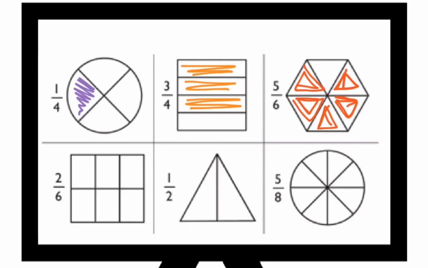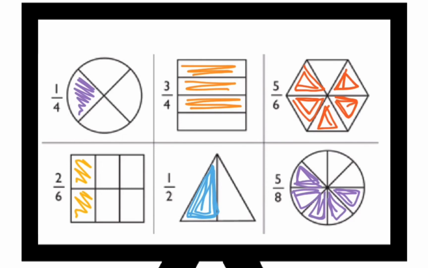On the fourth, they are asking us to shade only 2 parts out of 6. On the fifth, they are asking to shade only 1 out of 2. And on the last exercise, they are asking us to shade 5 out of 8. 2, 3, 4, and 5. This is not my best work, but I'm trying.